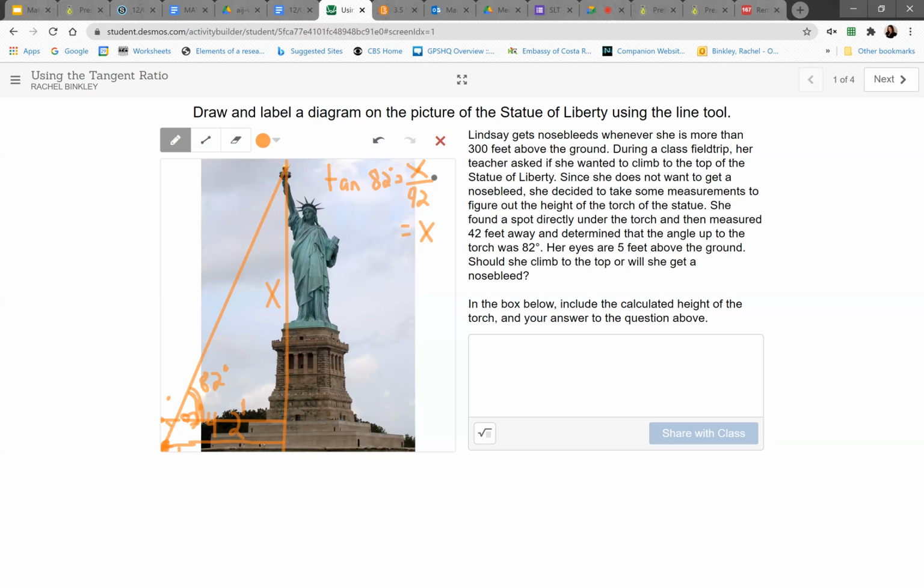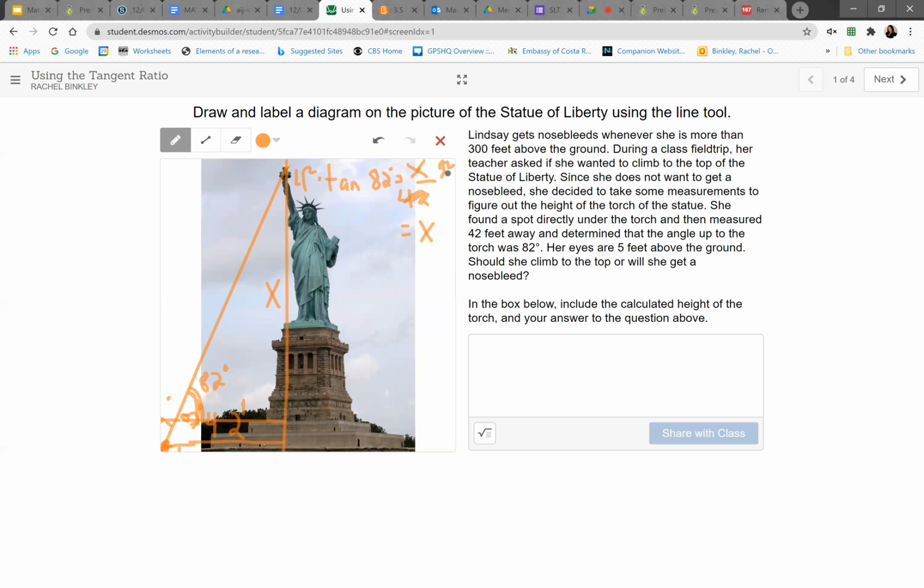So we need to multiply both sides by 42. Multiply this side also by 42. And over here, this cancels out. So we get x by itself.